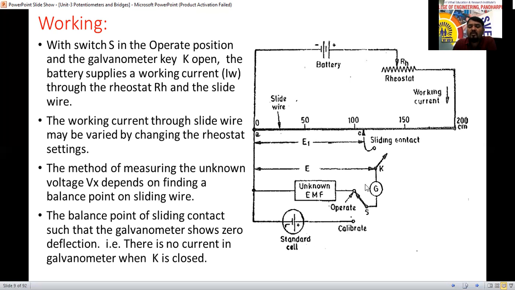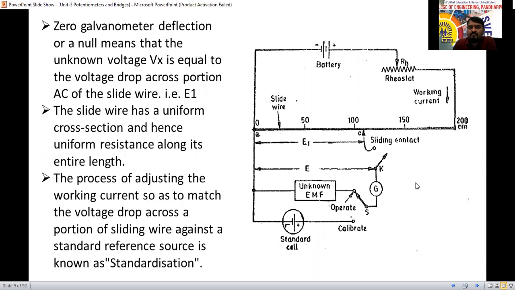We have to vary the sliding contact to get 0 deflection from the galvanometer. There is no current in the galvanometer when K is closed. After K is closed, if no current is flowing and the galvanometer is detecting null, then we can measure the unknown EMF.